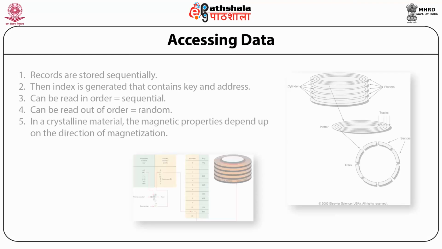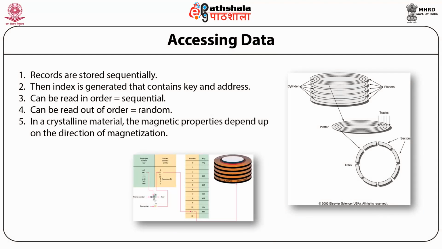Now let's discuss accessing data. Data access typically refers to software and activities related to storing, retrieving, or acting on data housed in a database or other repository. Two fundamental types of data access exist. The first one is sequential access, and the second one is random access.